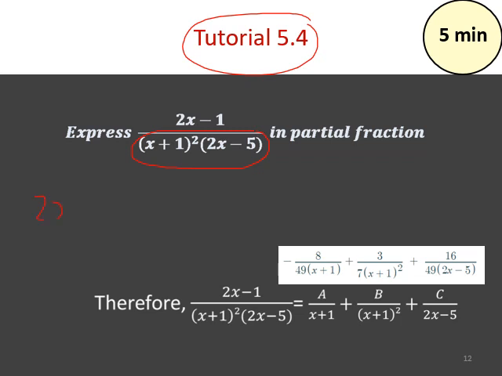Because when we have a non-linear factor, the general expression at the first step is like this. We need to separate into A, B, and C. Okay, this is the A, this is the B, and this is the C. Does it look more difficult?